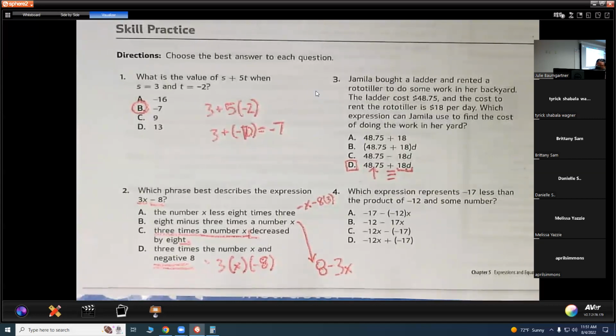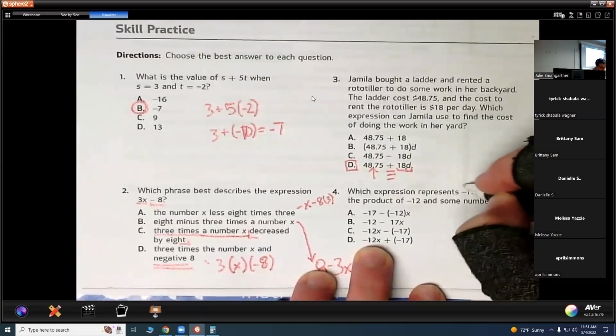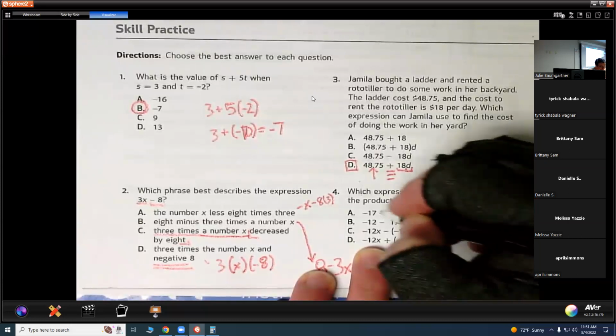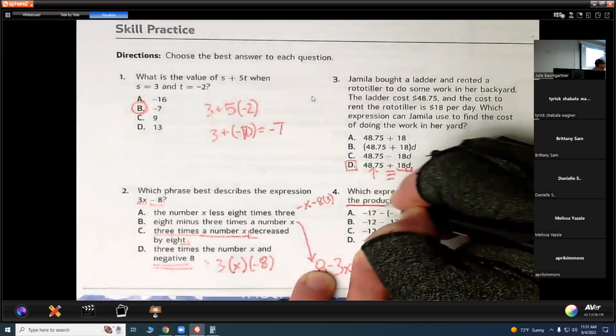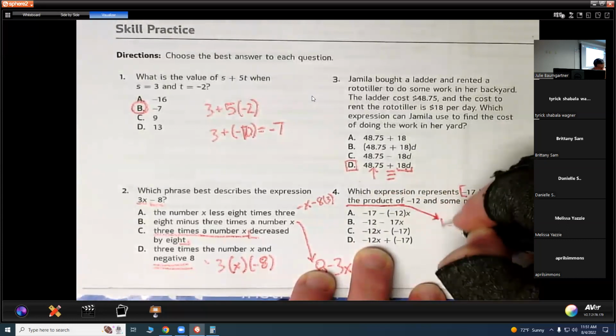What did you guys get for this one? C? So April likes C for this one. Does everyone agree? This is the one that is, for me, the most challenging. So 17 less than, and hopefully everyone knows the product of means multiply.